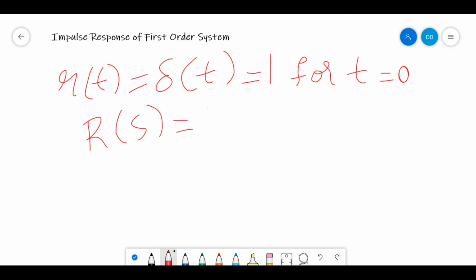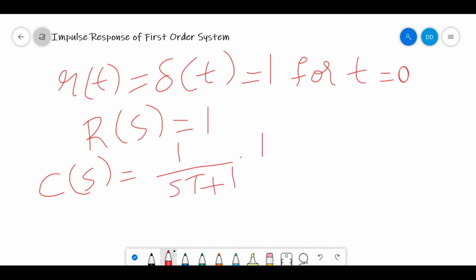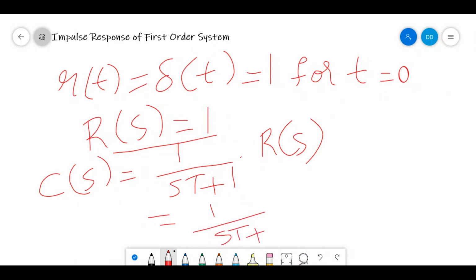We have obtained the response of the first order system as C of S is equal to 1 by St plus 1 into R of S. So substitute R of S is equal to 1. We get C of S is equal to 1 by St plus 1. So now we have to obtain the impulse response C of t.